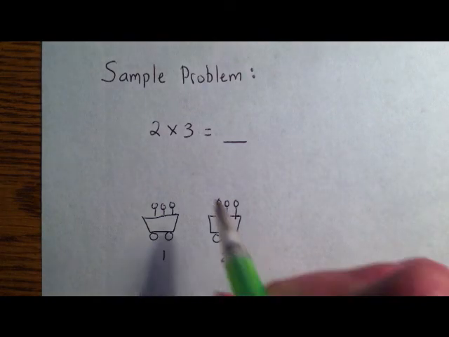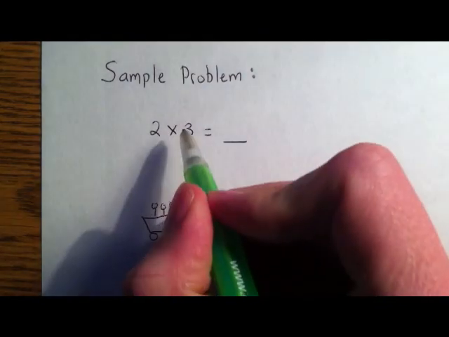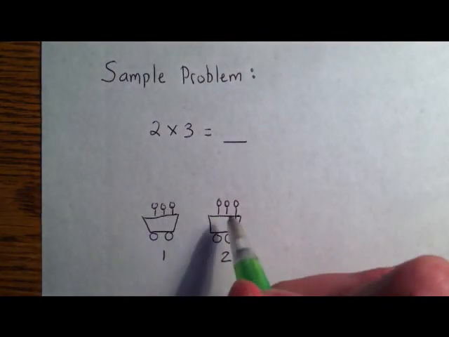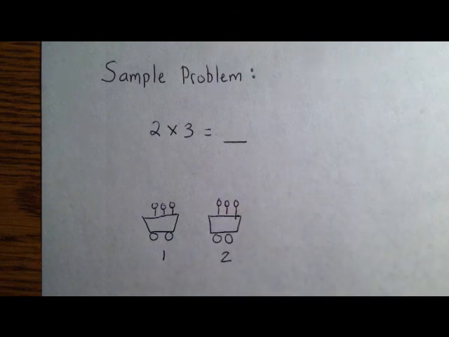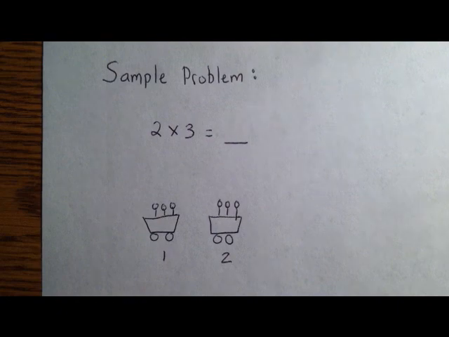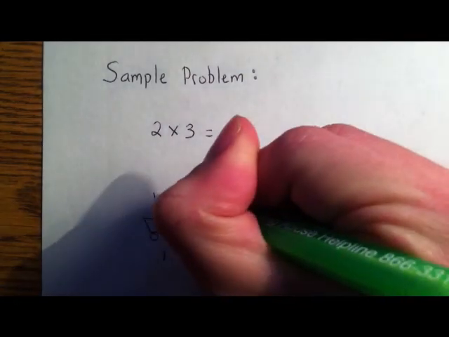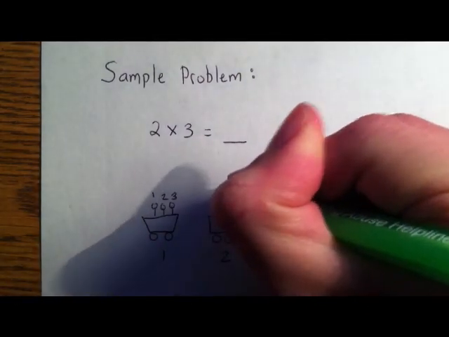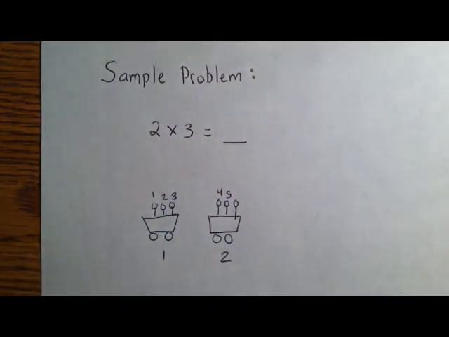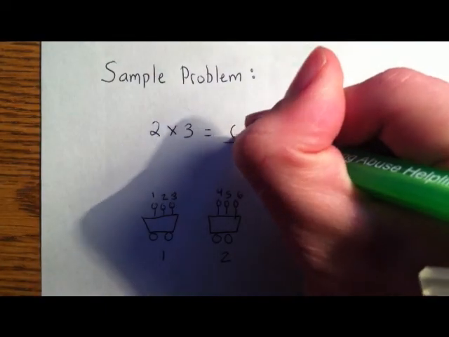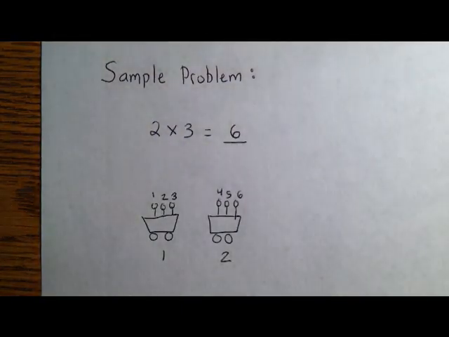So we've got 2 cars, 3 people in each: 1, 2, 3, 1, 2, 3. How many people total between the 2 cars? Once again, you'd count them: 1, 2, 3, 4, 5, and 6. So the total number of people would be 6. So the answer, or product, is 6.